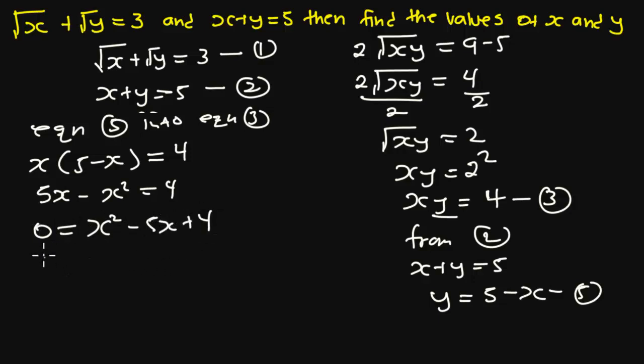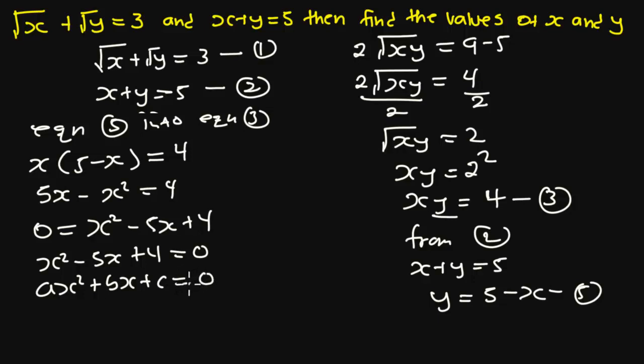So we can rewrite this as x squared minus 5x plus 4 is equal to 0. And from here we are going to compare this with the general quadratic equation, which is given by ax squared plus bx plus c is equal to 0. And from here a is equal to 1, and then b is equal to negative 5, and c is equal to 4.